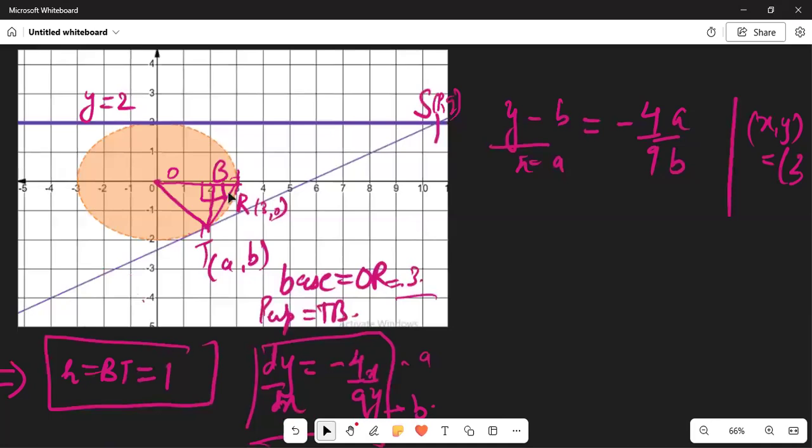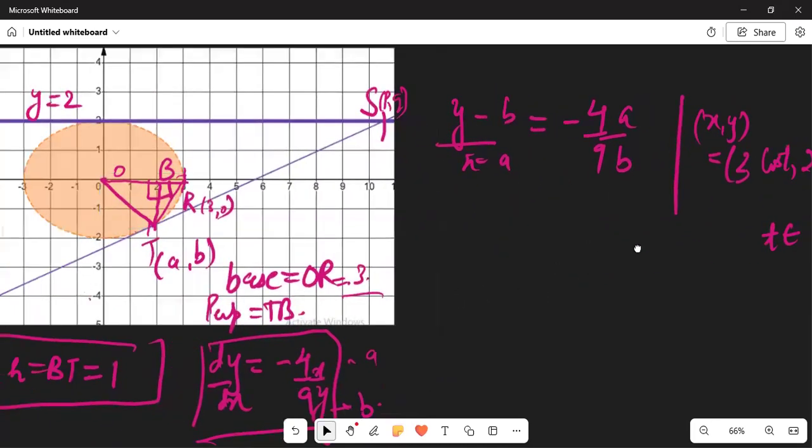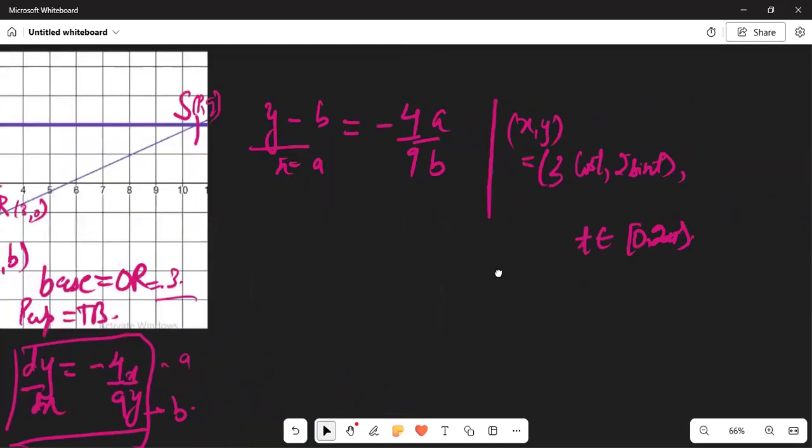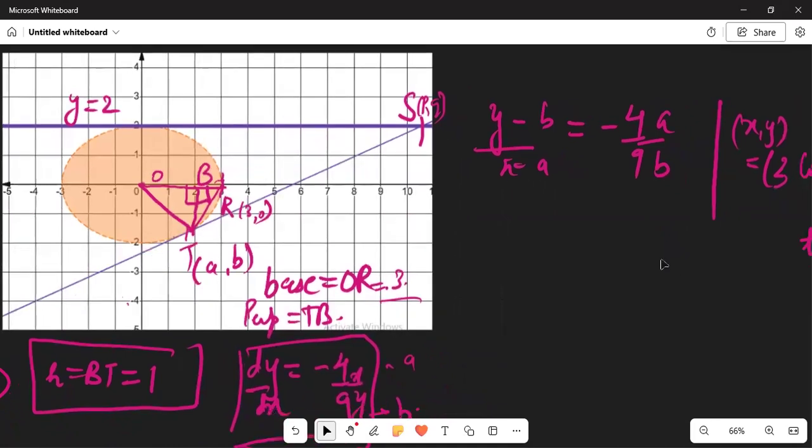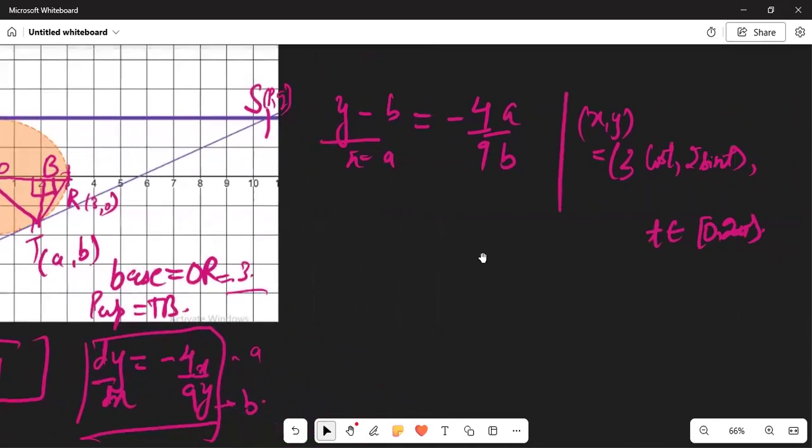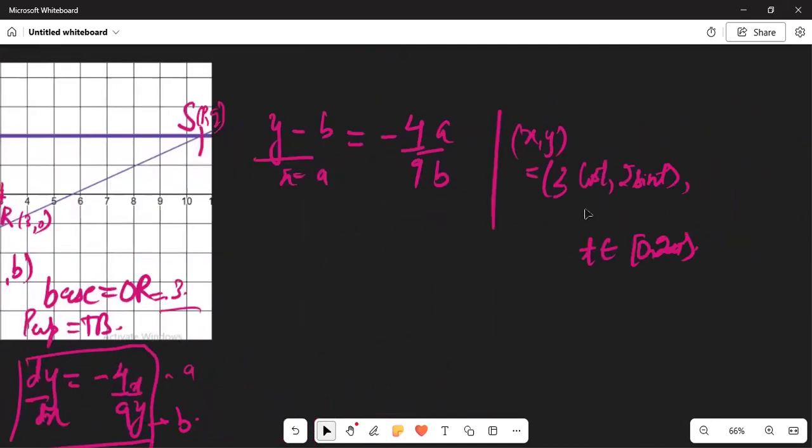You start from the positive x-axis and keep moving, and by tracing the entire curve you get back to the positive x-axis, then the angle is 2 pi. So you don't need to include 2 pi again, since we have already included 0. Any point on the ellipse is given by (3 cos t, 2 sin t), where t lies between 0 and 2 pi.